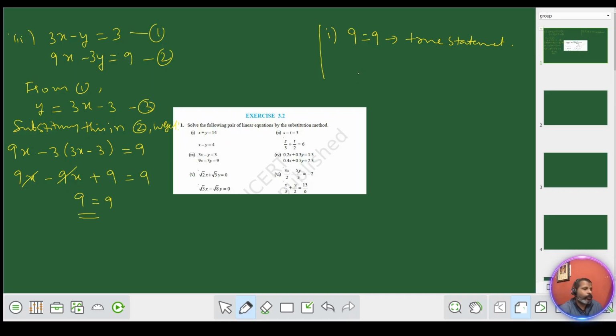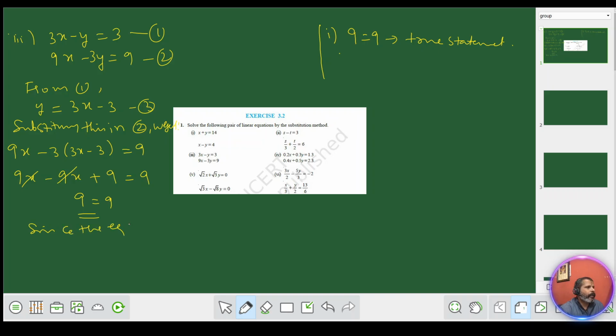When the statement is true, we did not get any solution, right? That means it has infinite solutions. So what do you have to write here? I'll come to the other point later.